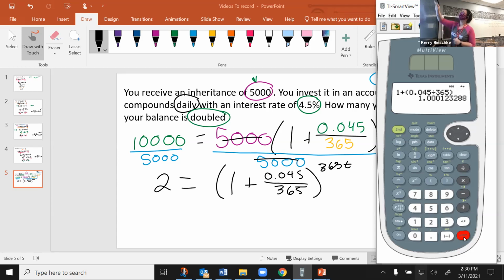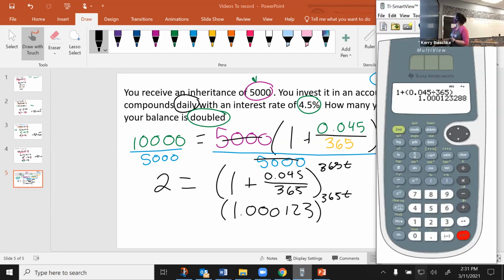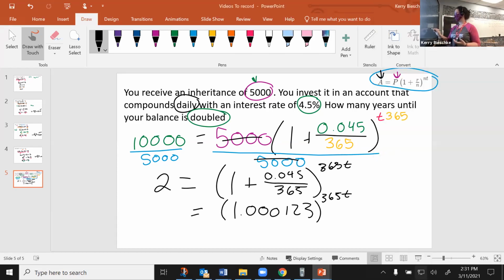Or we get this, 1.000123. So we have 1.000123 to the 365t. So we get this really not nice number, but that's what we have on our calculator. And that's going to equal 2.